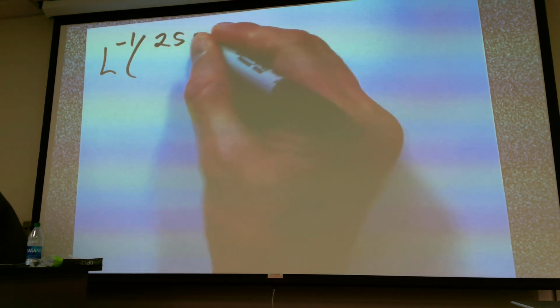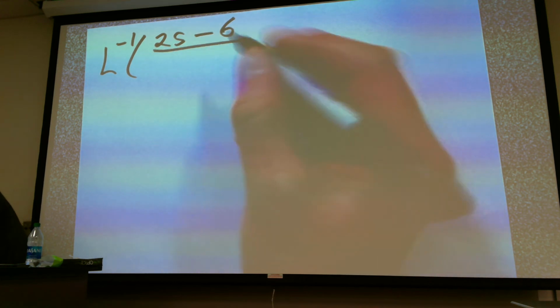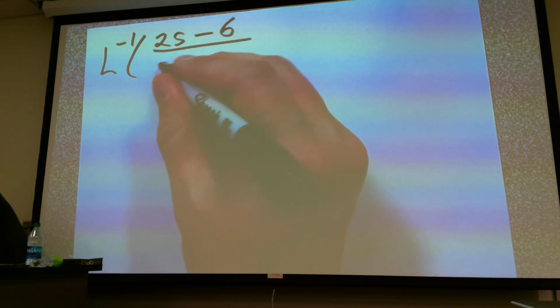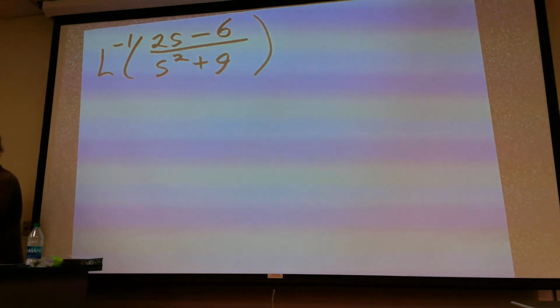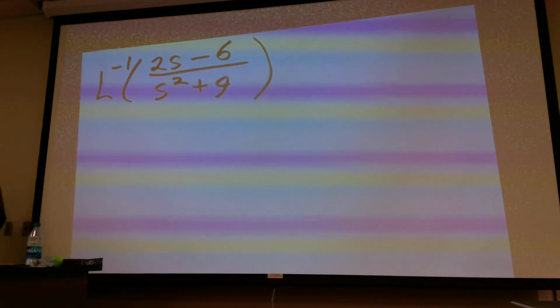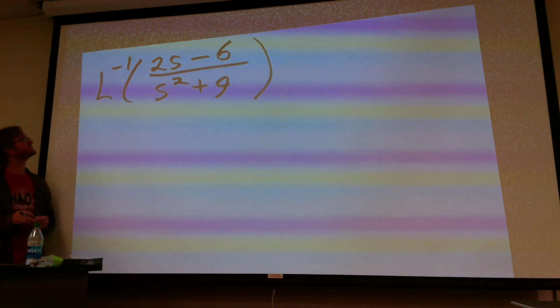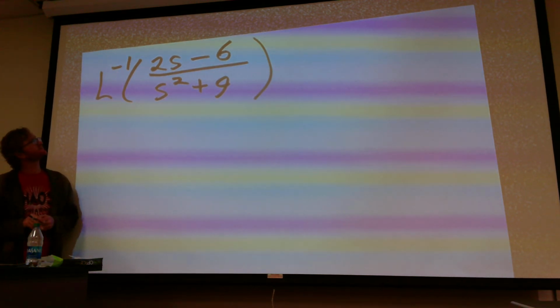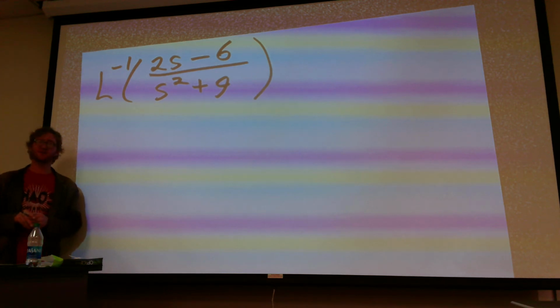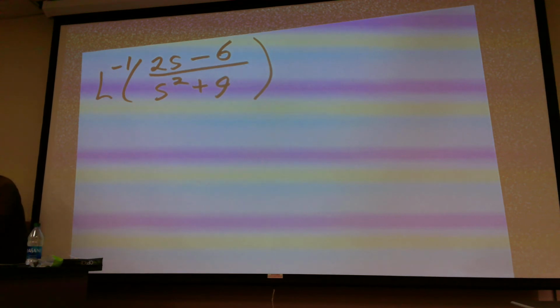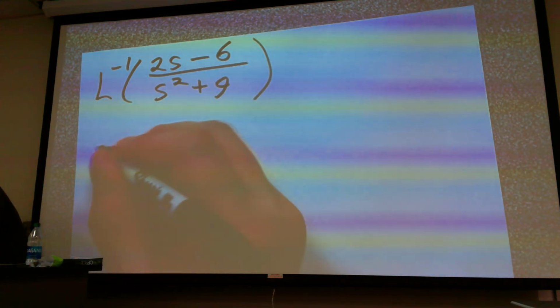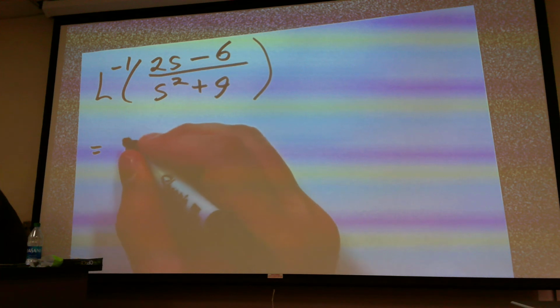Okay, so let's say we're trying this one. L inverse of 2s minus 6 divided by s squared plus 9. The first thing I would do on this problem is break it into its pieces. Let's pull the constants out as well.